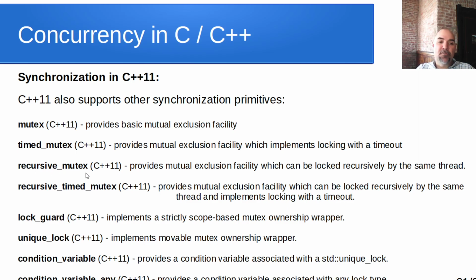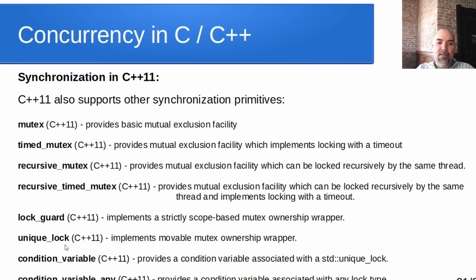We have recursive mutexes, which are like RLocks in Python. We have recursive timed mutexes, which are like RLocks with a timeout. And then we have lock guards, a unique lock, condition variable, and condition variable any, which can associate with any lock type. Condition variables have to associate with what's called a unique lock, which is up here.